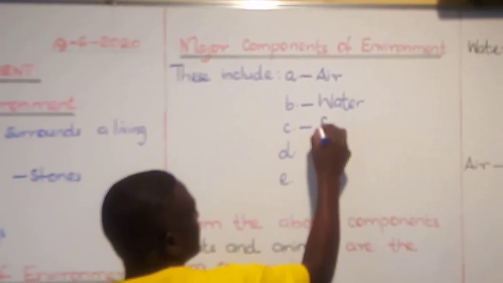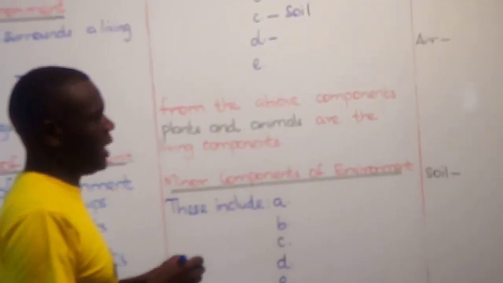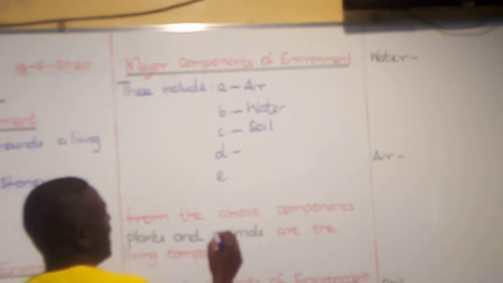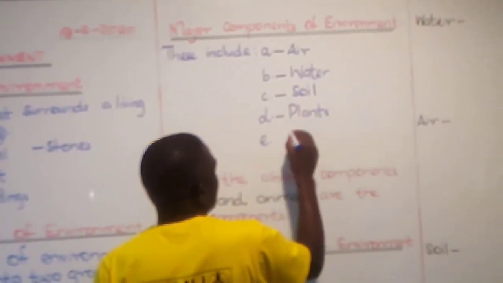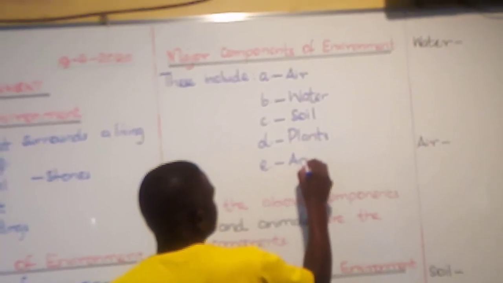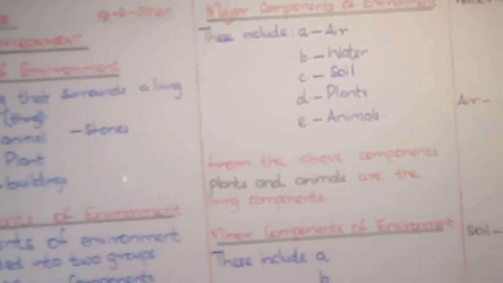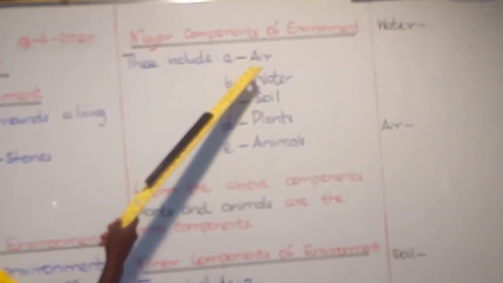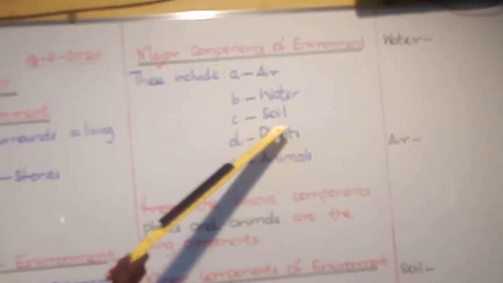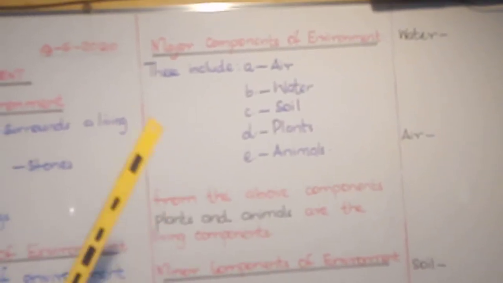Soil is also a major component of environment. Soil, plants, earth, and animals. These are the major components of environment, boys and girls. Air, water, soil, plants, and animals.